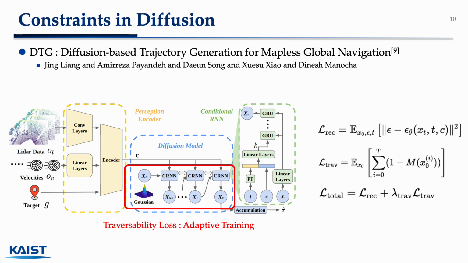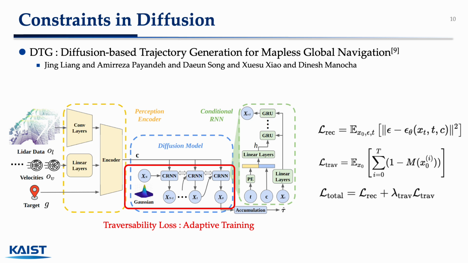However, DTG, the paper from 2024 IROS, takes a different approach. Instead of directly maximizing a reward, DTG applies an adaptive traversability loss during training. This loss penalizes trajectories that enter non-traversable areas, effectively encouraging the model to generate feasible and safe paths.